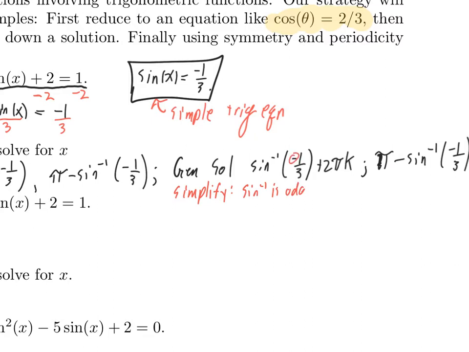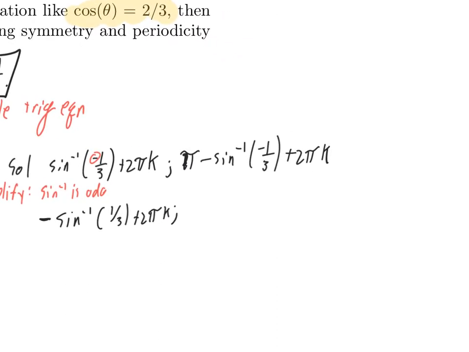So this negative sign I could pull out front, getting a simpler general solution, negative sine inverse of 1/3 plus 2 pi k, and pi, this negative sign would pull out front to cancel with that negative sign, pi plus sine inverse of 1 over 3 plus 2 pi k.